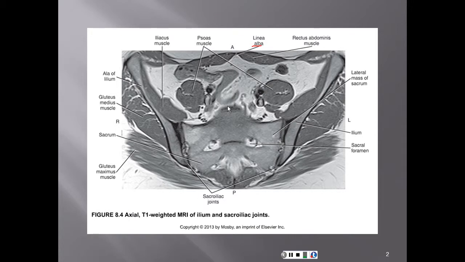The psoas muscles, and the iliac muscles, as well as the sacrum. So we have the iliacus muscle, and actually the psoas and the iliacus muscle come together to form the iliopsoas muscle. And this is the ilium, and here is the sacrum.